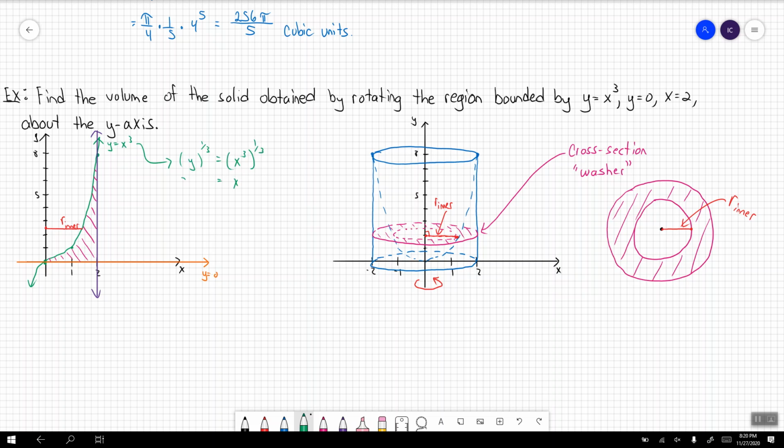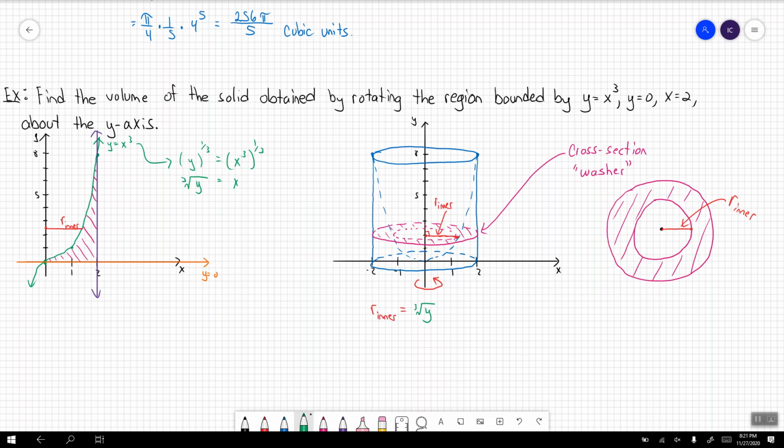In doing so, I get that x is equal to the cube root of y. And that is my innermost radius here. My innermost radius, r inner, is going to be equal to the cube root of y.